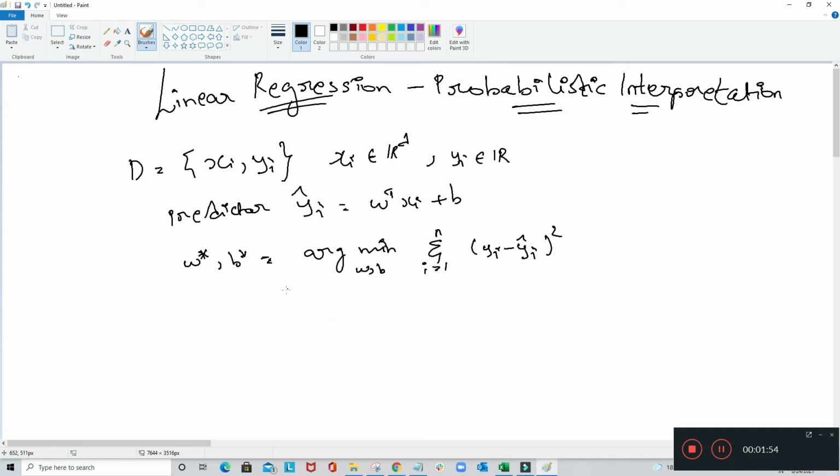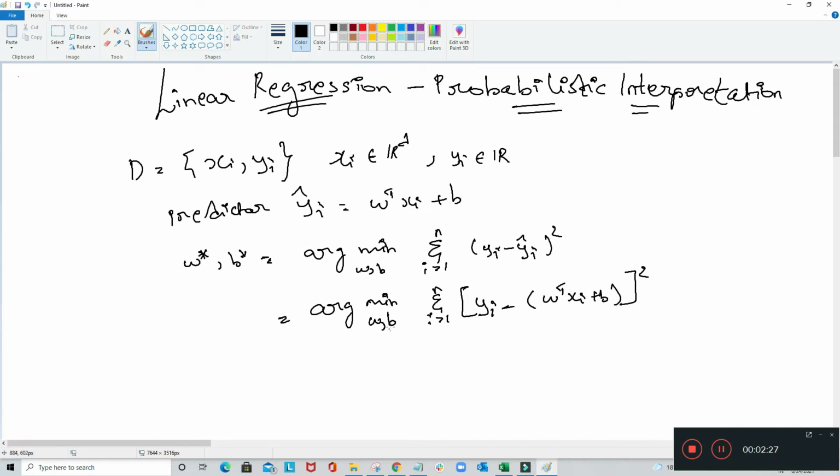This was our objective, and it can be rewritten as argmin over w and b of the sum from i equals 1 to n of yi minus w transpose xi plus b, whole square. As we can see, yi hat is nothing but w transpose xi plus b, so I substituted it.